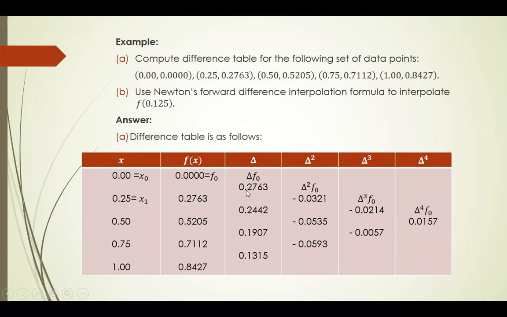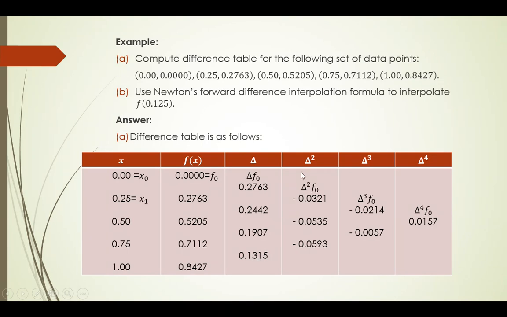So what is the first difference? This value, f1 minus f naught, will be written between these two values of f here. Then this is f2 minus f1, which will be written here between these two values. Then f3 minus f2 will be written here, and f4 minus f3 will be written between these two values of f here.